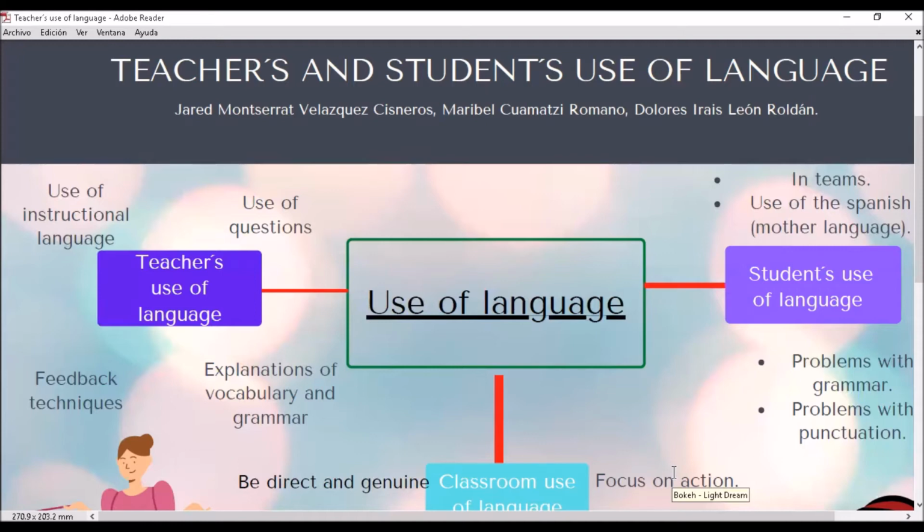This way, the students can express their ideas about a topic, use their vocabulary, or say sentences with the correct structure.